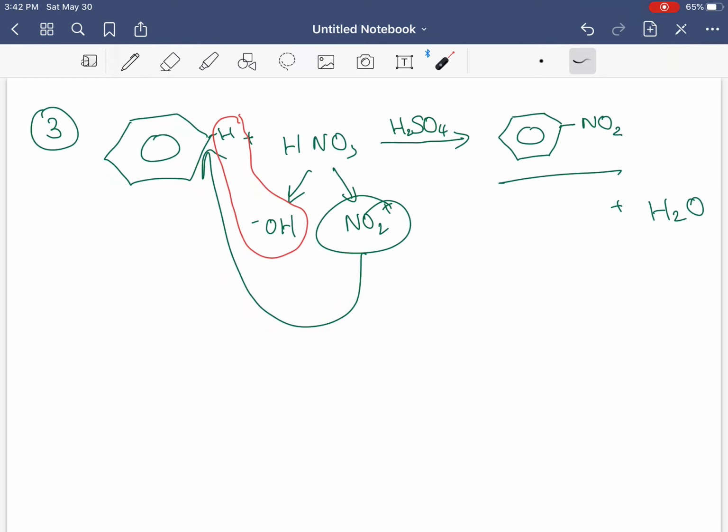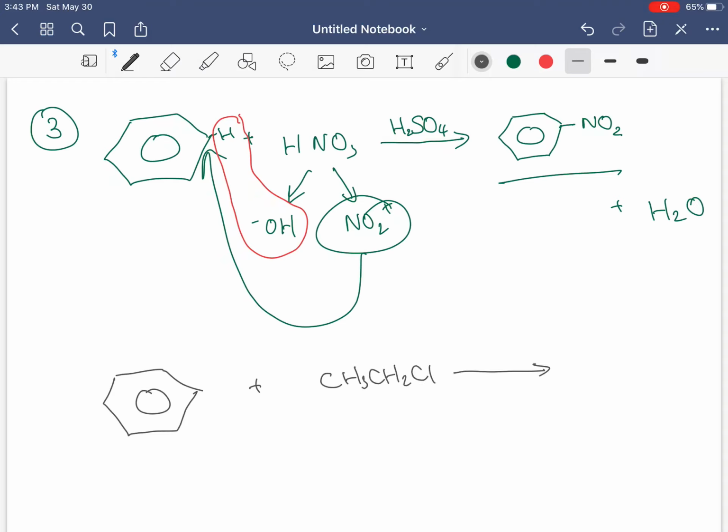Anyway, that's substitution. So here's another type of substitution. I have a benzene reacting with an alkyl halide. Oh, sorry, this is not an acidic condition because it's not nitric acid. It's a halide, a chloride, so I have to make sure that the chlorine stays. The same idea as the halogenation we saw before.